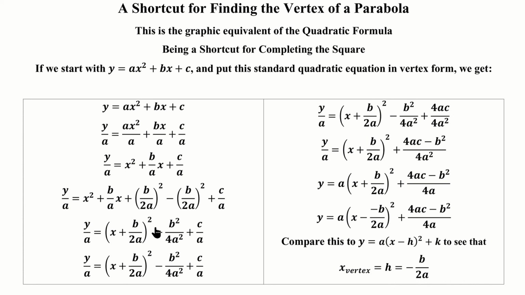A lot of the work that we do here is going to look like what we did to derive the quadratic formula. So instead of taking different functions like the ones we've seen earlier in the video, like the one where a was 1, and then the one where a was -3, why don't we just do it completely in a general manner for this quadratic function in standard form and see what happens?